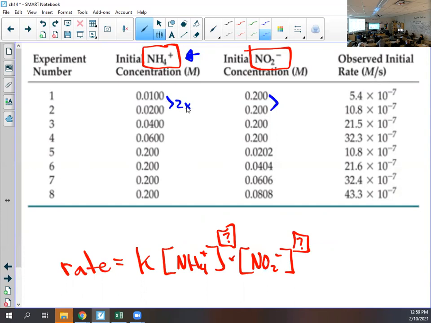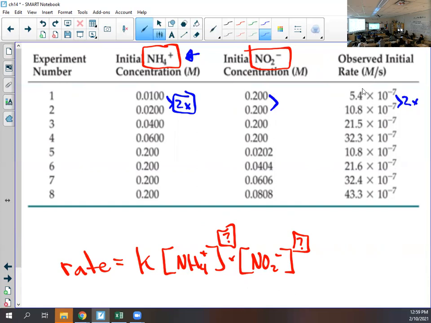All right. So I doubled the concentration of NH4, and then I look over here, and what happened to the rate? It also doubled. Well, what exponent do you raise a number to that keeps it the same number? Not 0. 0 turns everything into a 1.